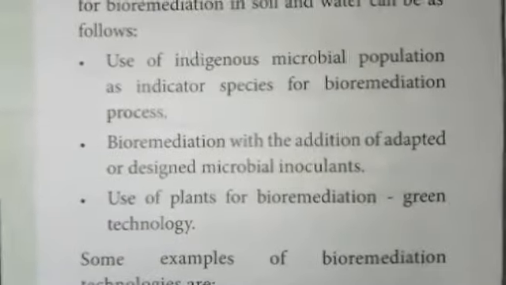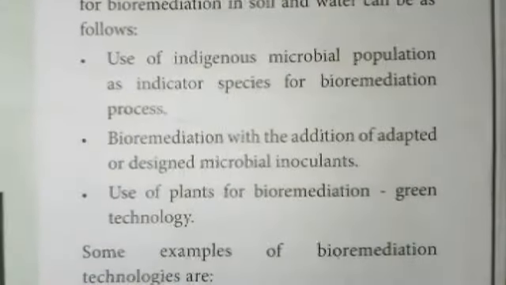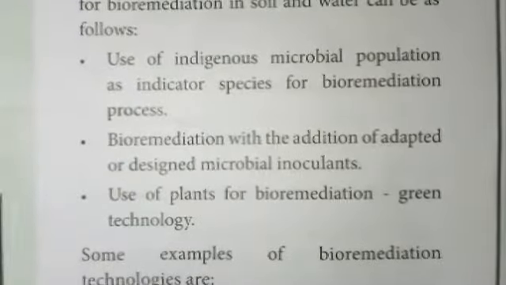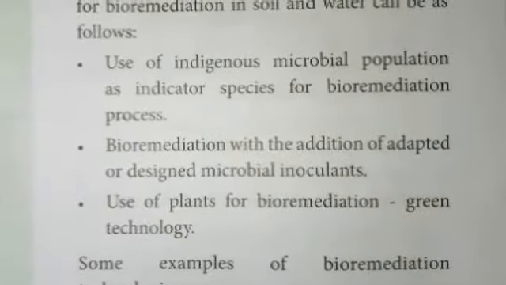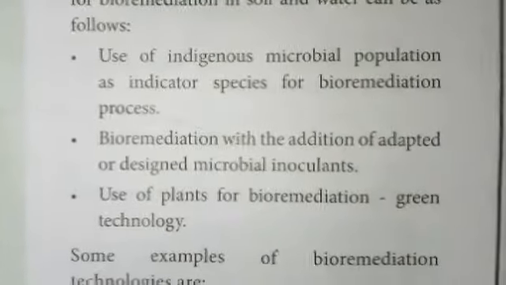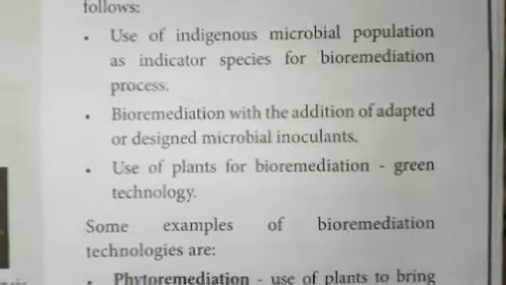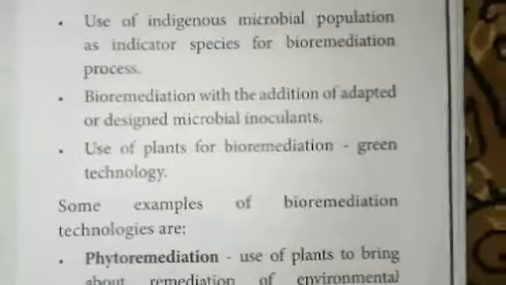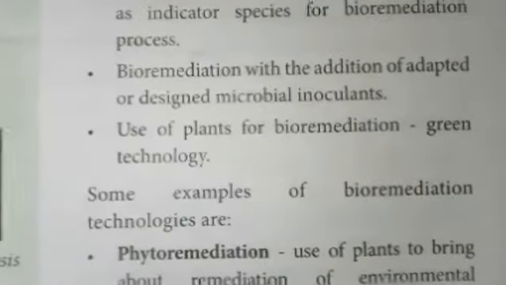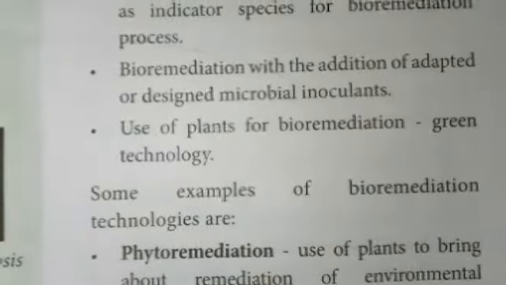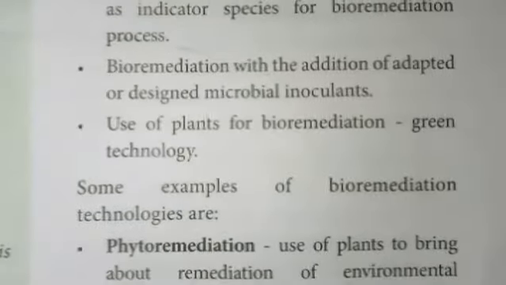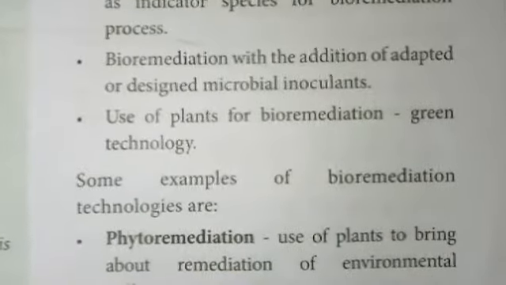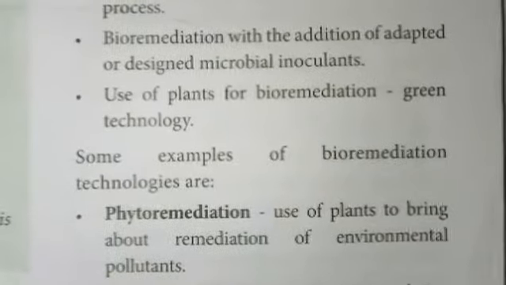Another strategy is bioremediation with the addition of adapted or designed microbial inoculants. Inoculants are the microorganisms used for bioremediation purposes. Another is the use of plants for bioremediation, which is green technology.